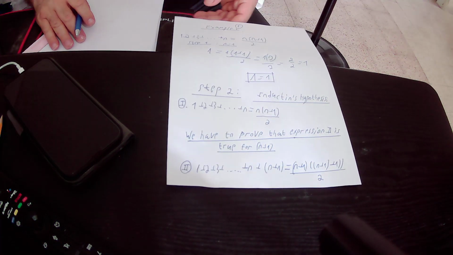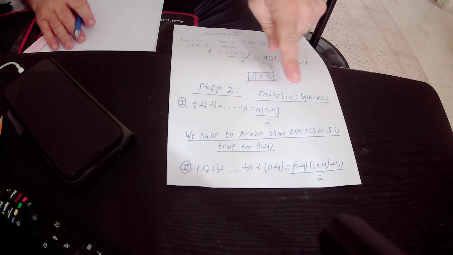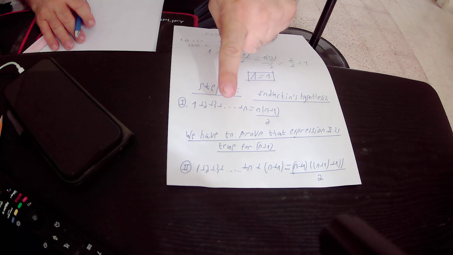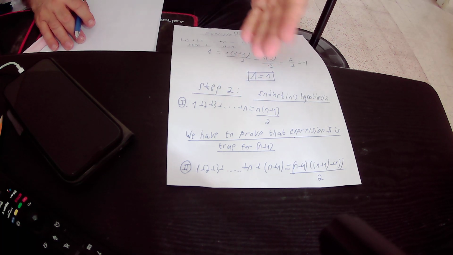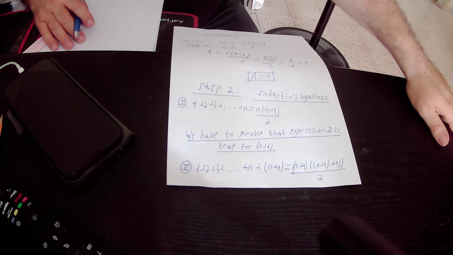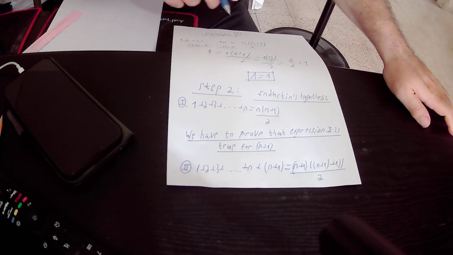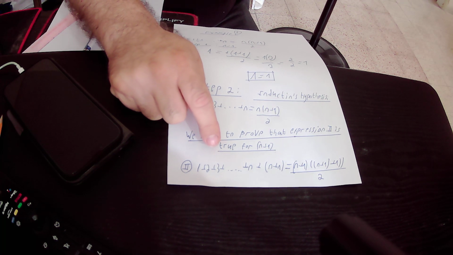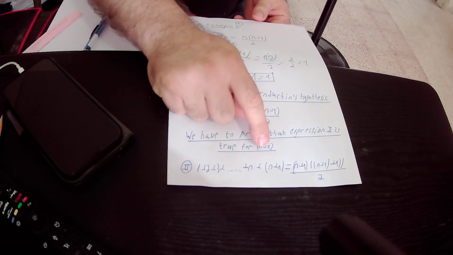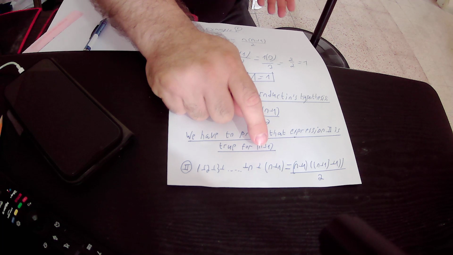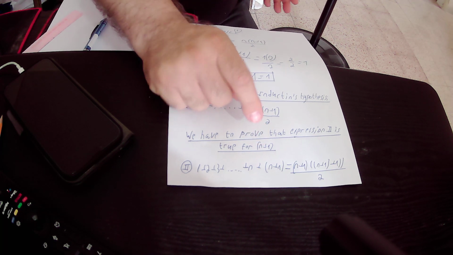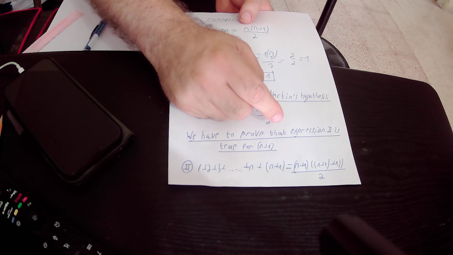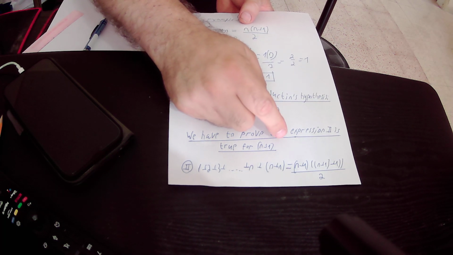So we need to prove that expression 2 for n plus 1 is true. So it is 1 plus 2 plus 3 plus n plus 1, because this expression is for n plus 1, equals 2. Wherever it is written n, we will write n plus 1.